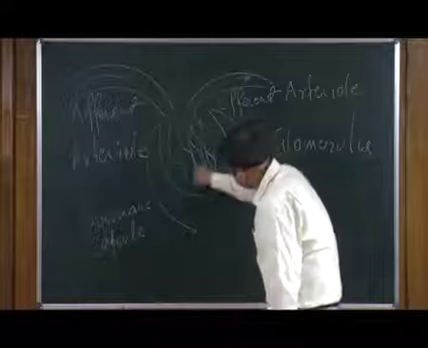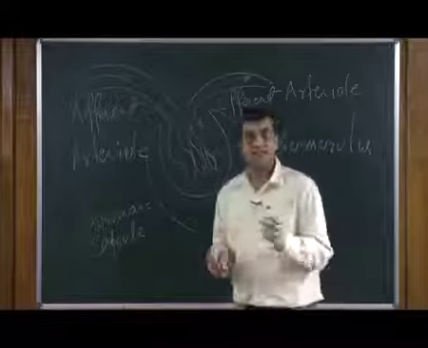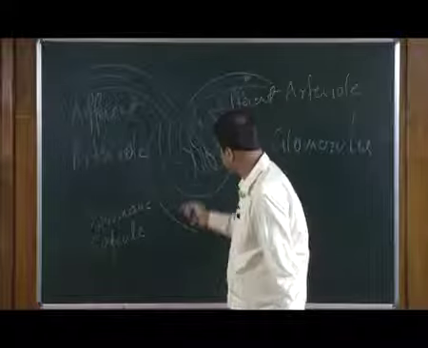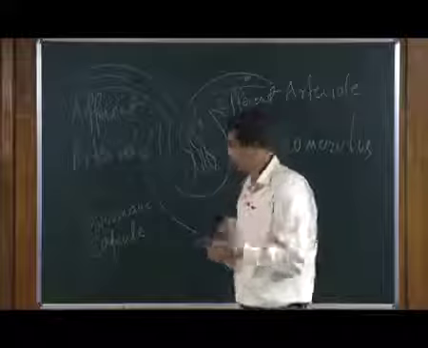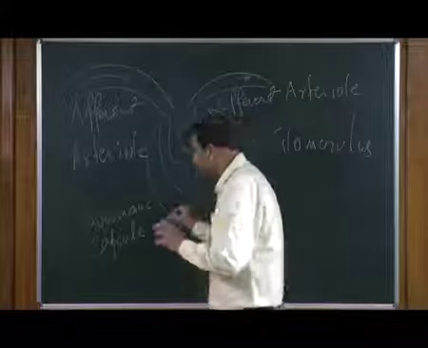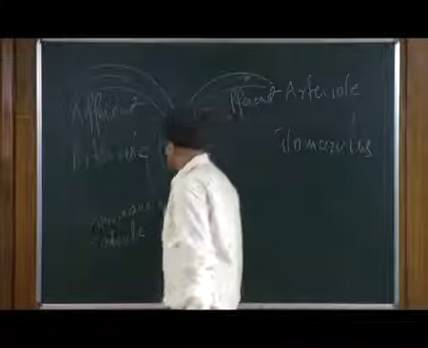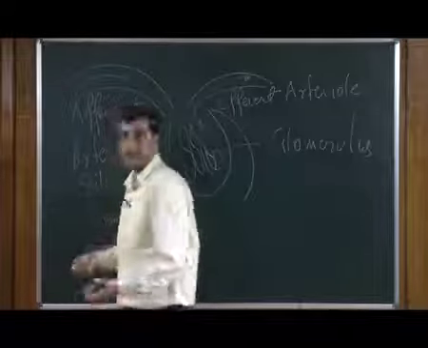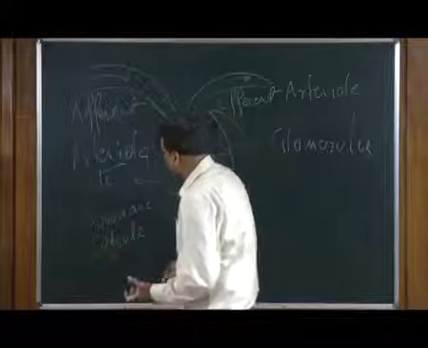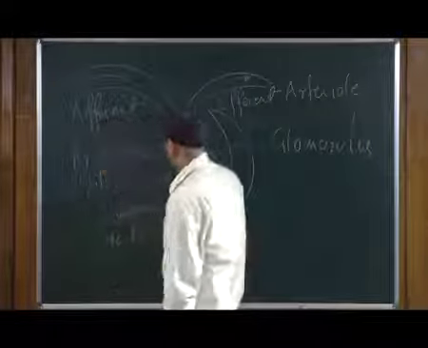And what we discussed in the last class is that we have this finger-like projection called the podocyte, and this podocyte has some holes. These holes are called slits, and sometimes they are also called fenestra.